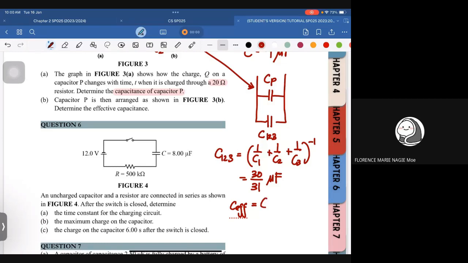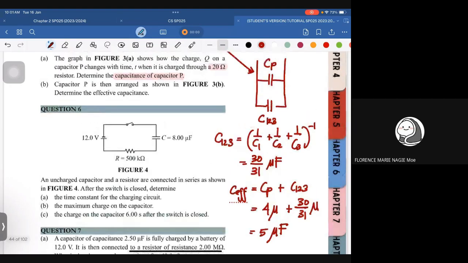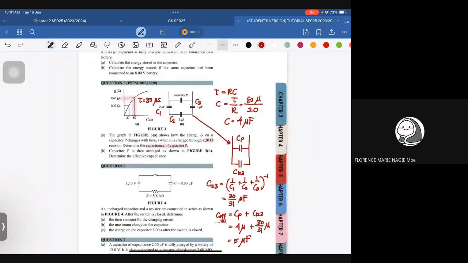Okay, so ini parallel, so CP plus C1 to 3. So that is 4 mu plus 30 over 31 mu. So yang ini sepatutnya around 4.96 gitu kan. Boleh je letak 4.96 ataupun kamu boleh round off to 5 mu farad. Okay. Right. So itu untuk soalan 5.